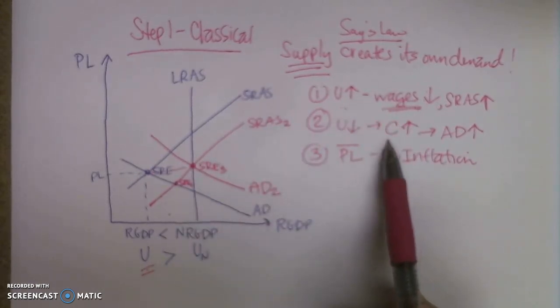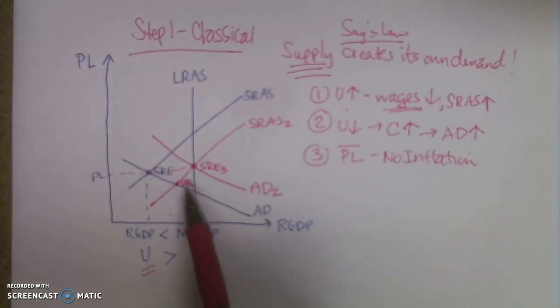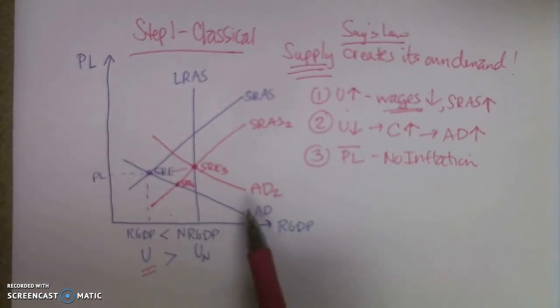And if people are hired, then our consumer satisfaction goes up and our consumption, and we have more people working. So consumption actually will go up, which will cause the aggregate demand curve to go up, moving us all the way to long run equilibrium without inflation. So that's how the classical economists would solve a recessionary gap. And they would say, leave it alone, let it be, it's good, right? Don't change anything. But this just takes some time.